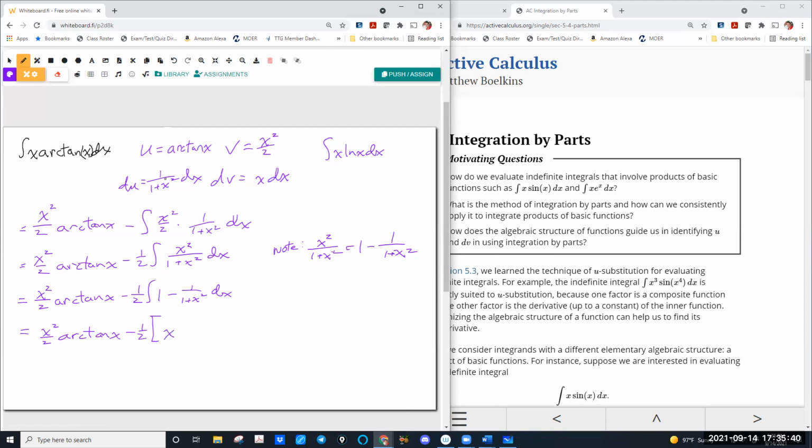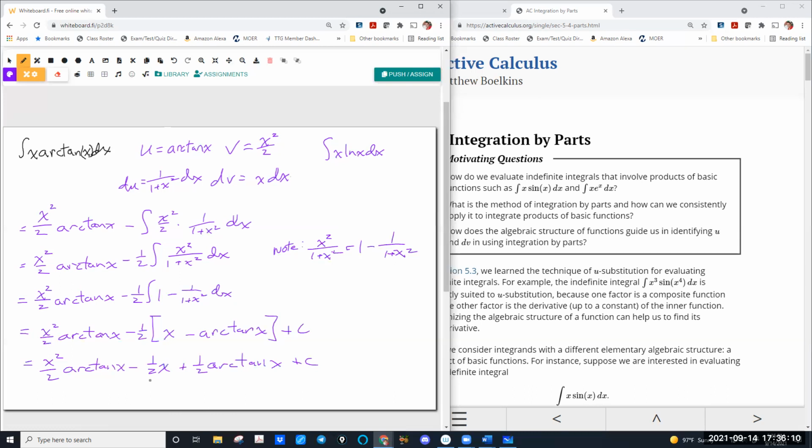The antiderivative of 1 over 1 plus x squared, well, it's right here: minus arctan of x plus c. And if we want, we can distribute the minus 1/2. So x squared over 2 arctan of x, minus 1/2 x, plus 1/2 arctan x plus c.